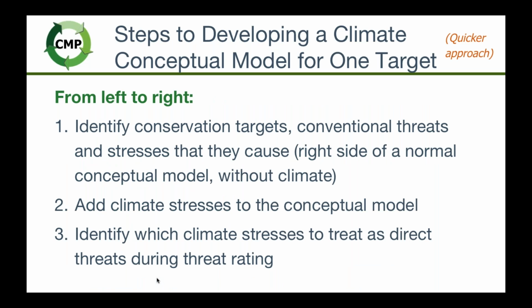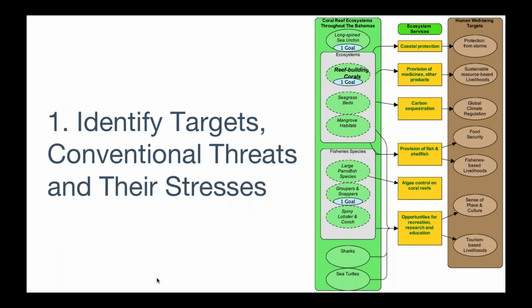And so from right to left, you identify your conservation targets, and then you identify your conventional threats and the stresses that they cause, so the right side of your normal conceptual model. Then you add your climate stresses to the conceptual model and identify which climate stresses to treat as direct threats through threat rating. So let me show you an example of that.